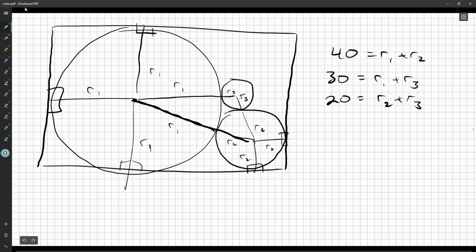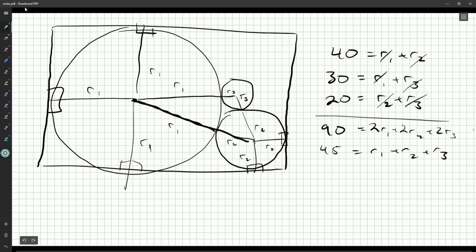This is 3 equations, 3 unknowns. We can figure out the individual radii. If we add everything up on the left-hand side, we'll get 90. And on the right-hand side, I've got 2 R1s, 2 R2s, and 2 R3s. So if I divide by 2, I get 45 is R1 plus R2 plus R3.